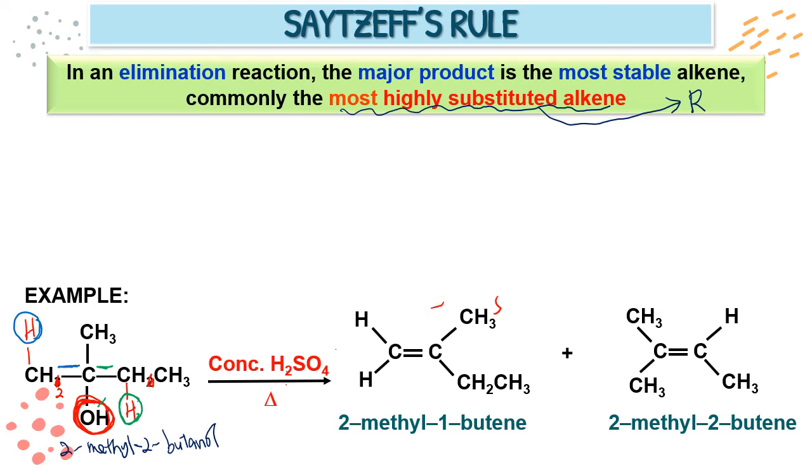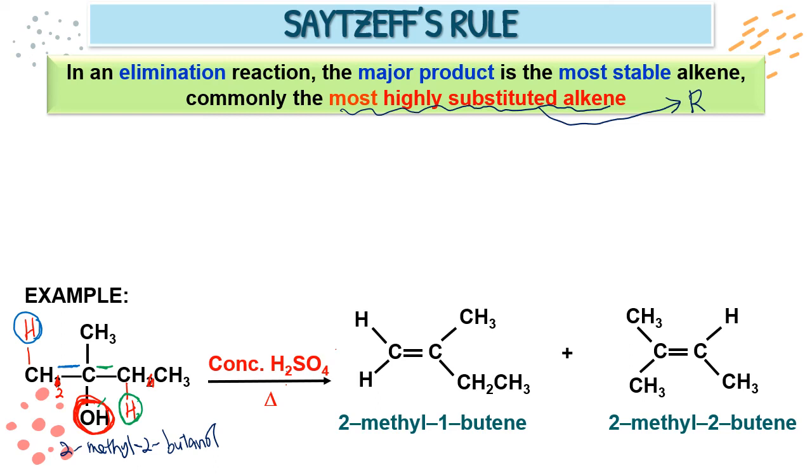So these are our products: first 2-methyl-1-butene, and then 2-methyl-2-butene. So which is which? If we remove OH and the hydrogens on the left-hand side, the blue hydrogen over here, the product that you will get is this one, 2-methyl-1-butene.